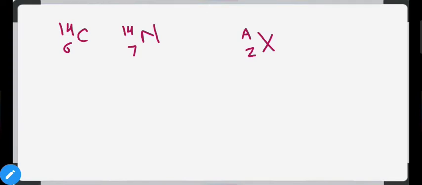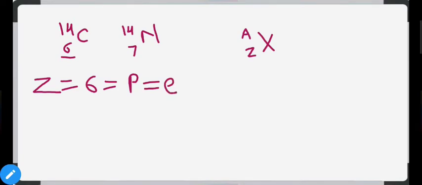As mentioned earlier, Z represents the number of protons. So here Z is equal to 6, so we can say that it contains 6 protons. Now both of them are neutral, so the number of protons is equal to the number of electrons. So in the case of carbon we have 6 protons and 6 electrons.